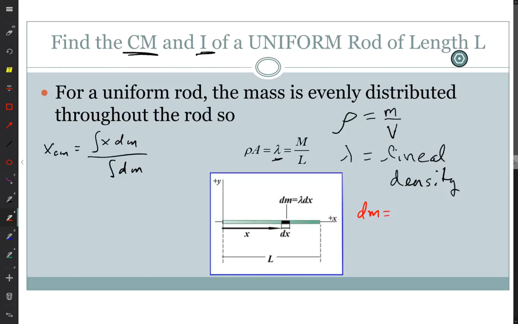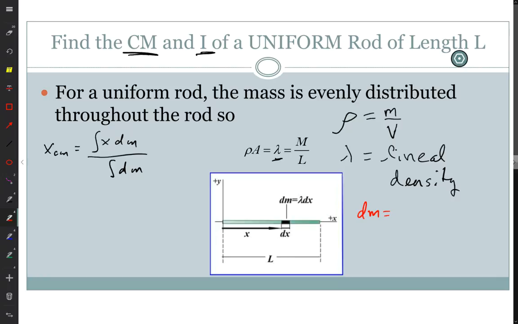If lambda is the mass per unit length, if I have some little piece of length dx, how much mass is in that region dx? The dm, the mass in some little region dx, is going to be the mass per length lambda times that little piece of length dx.